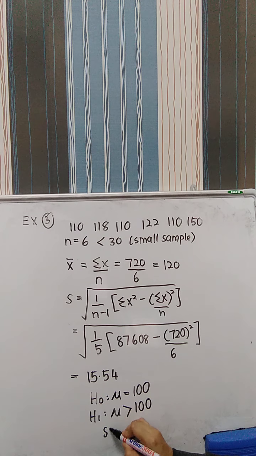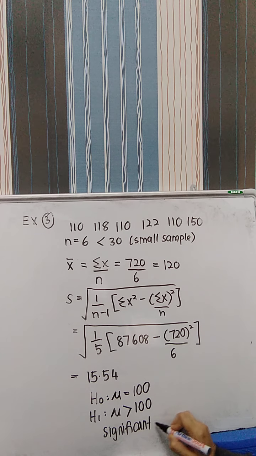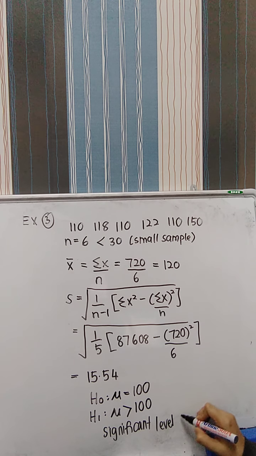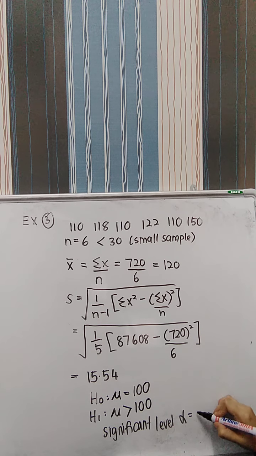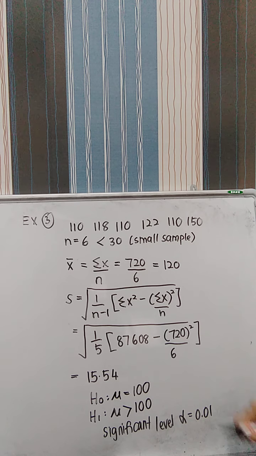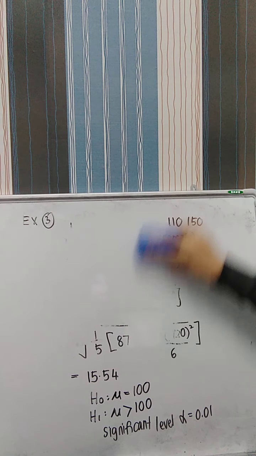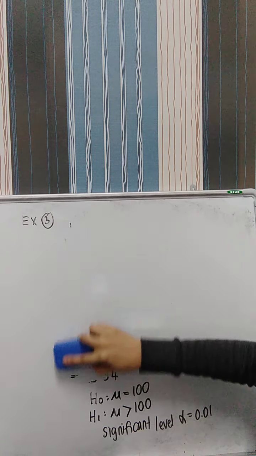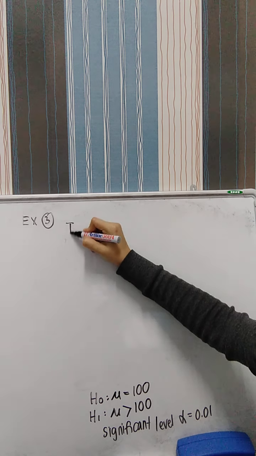Okay, continue to the significance level. The significance level is the value of alpha given. It is given as 1%. 1% means 0.01. Next I continue to the test statistic.